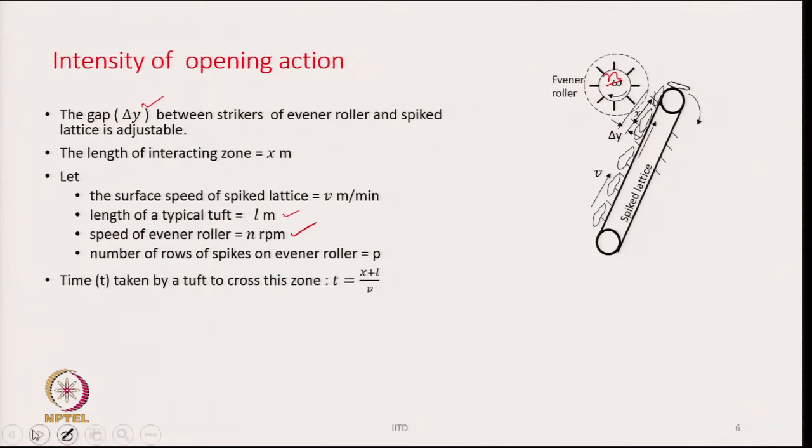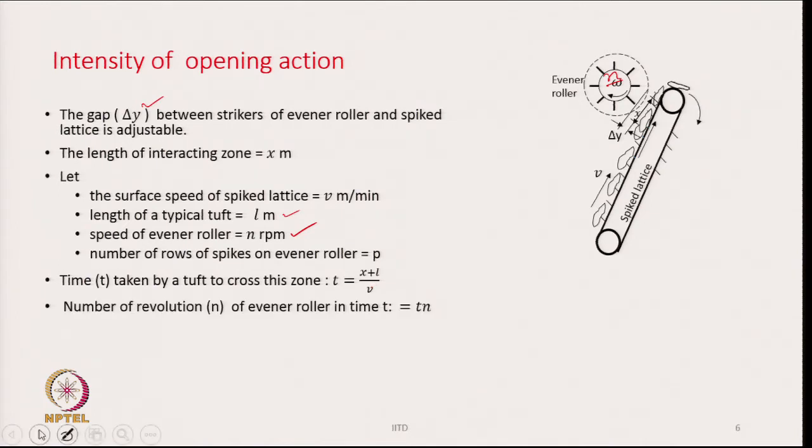Time taken by a tuft to cross this zone: if a tuft is of length L, it has to cross a zone x. The time that the tuft will take to cross the zone will be T equals x plus L divided by v.